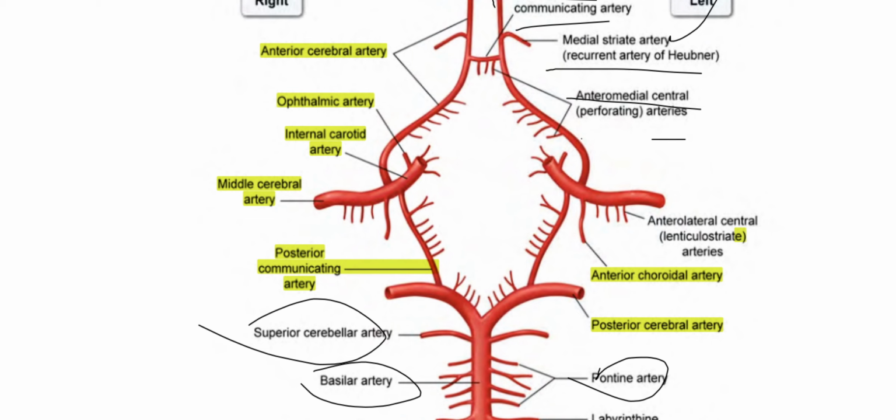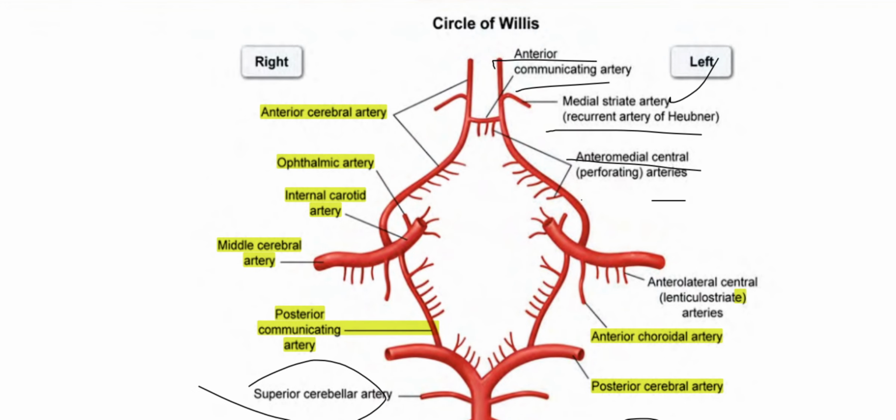The middle cerebral artery gives rise to the anterior choroidal artery and the anterolateral central arteries, that is the lenticulostriate arteries. The anterior cerebral artery gives rise to the anteromedial central arteries, which are perforating.